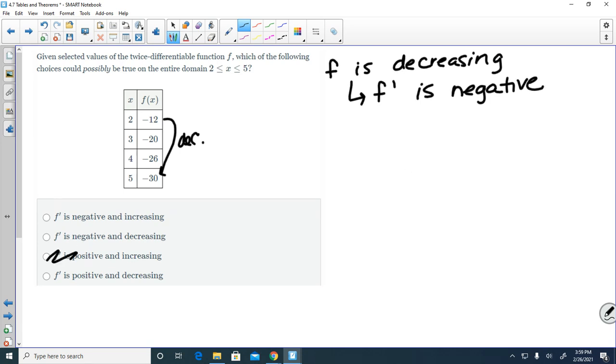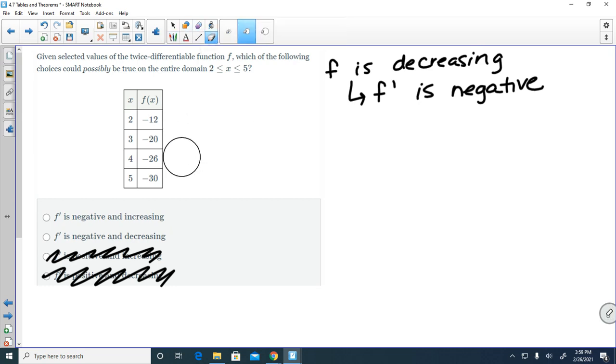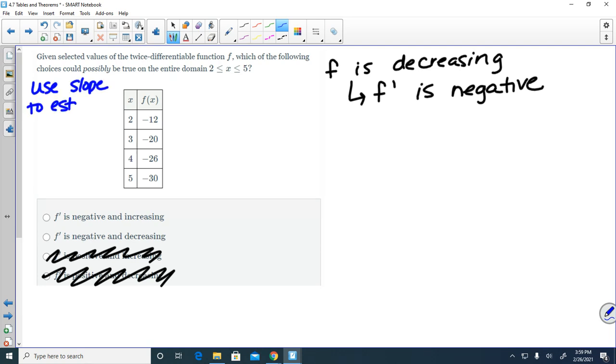So I can eliminate these two. Now I need to figure out if f prime would be increasing or decreasing. So let's do slope. So we're going to use slope to estimate values for f prime.